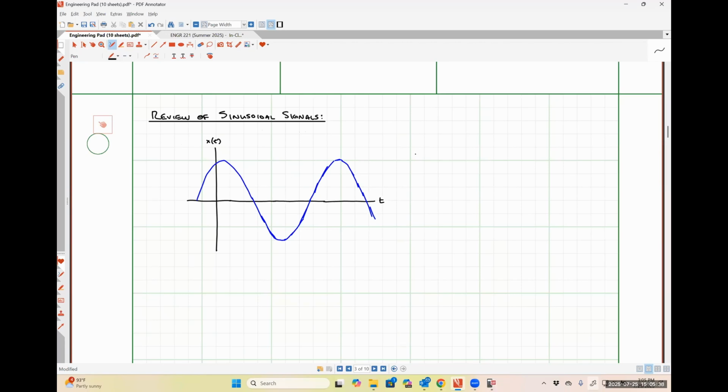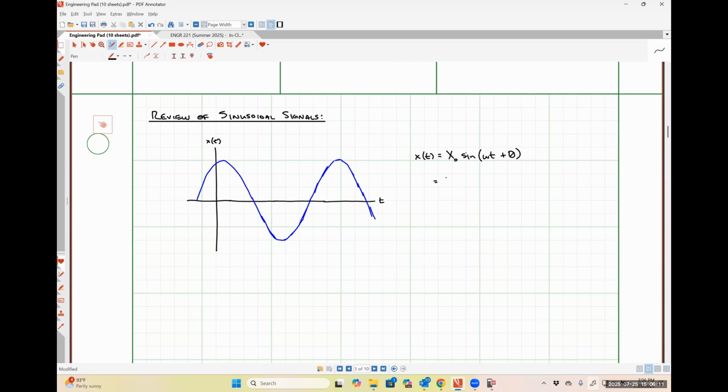So we could either describe this particular signal as a sine function or a cosine function. So I'm going to actually describe it as both. As a sine function, this might be something like x sub naught, I'll talk about what that part means in a moment, times the sine of omega t plus some phase angle theta.